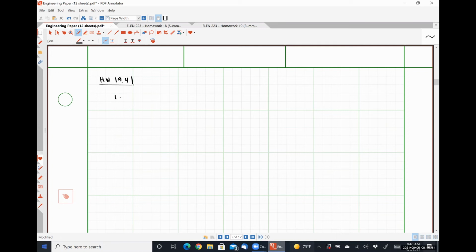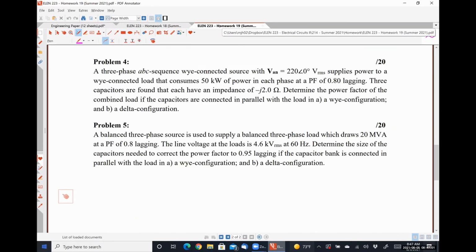So we have information given to us. We have a load, and let's see, what information do we have on that? 50 kilowatts of power per phase with a power factor of 0.8 lagging.